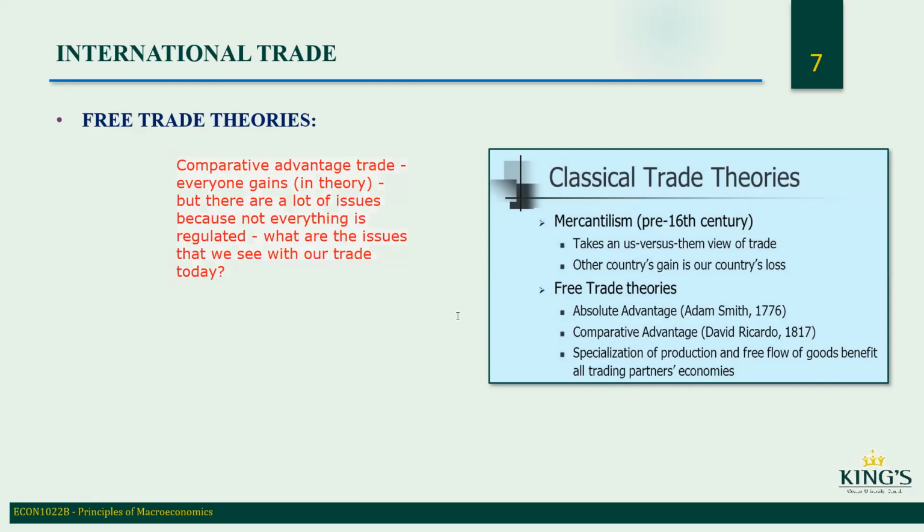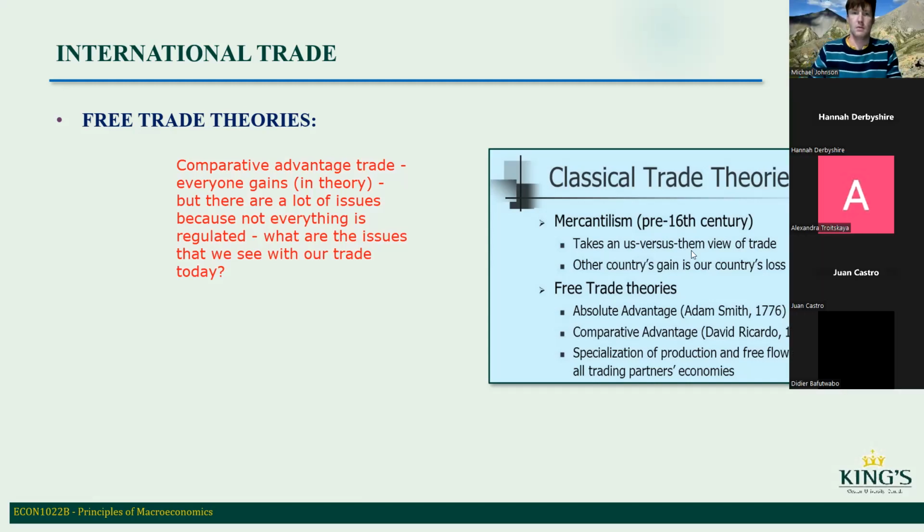In terms of trade today, when we trade with places like India, China, and other developing and underdeveloped nations, what are the issues we usually see with worker conditions? Well, they usually overwork their workers, like sweatshops in China.